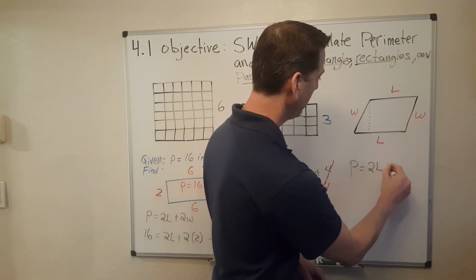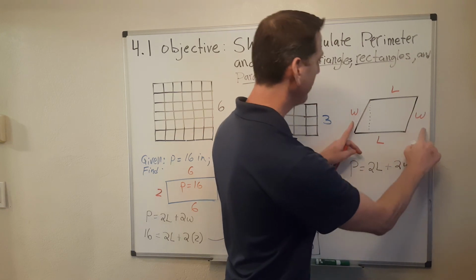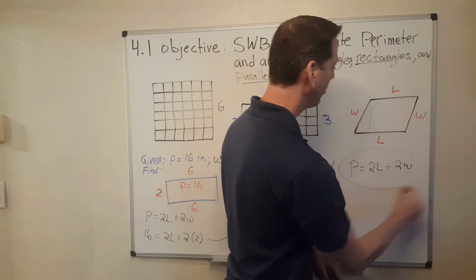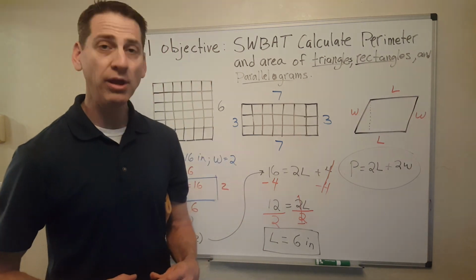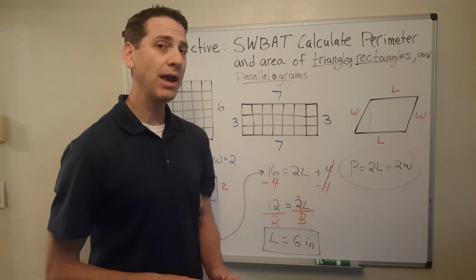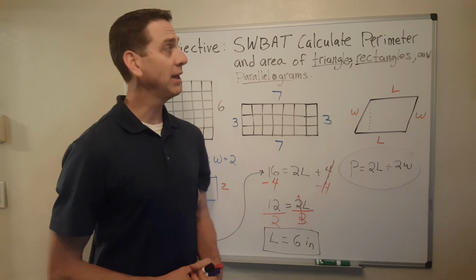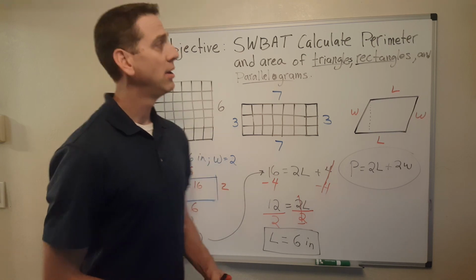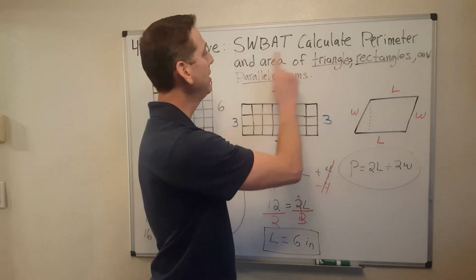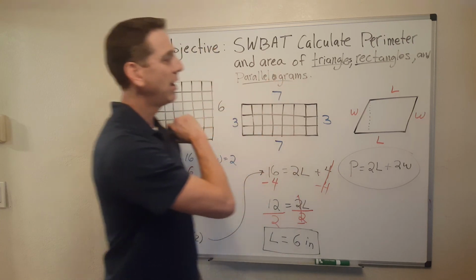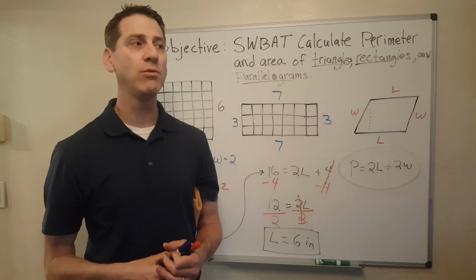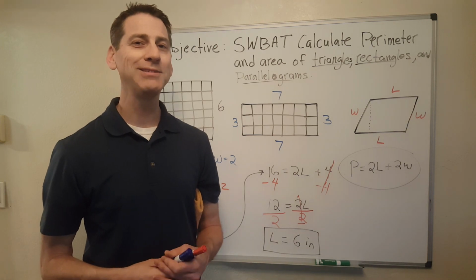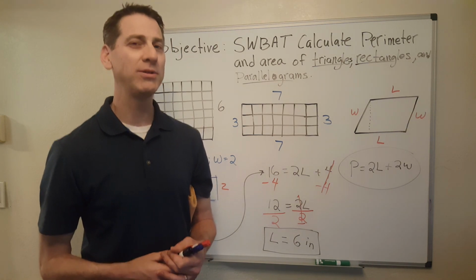All right, so we have 2 widths and 2 L's, so the formula is going to be the exact same with the parallelogram. Okay? What we'll do is, in our next video, I'm going to show you how to find the area of triangles, rectangles, and parallelograms. So that will wrap up our lesson on perimeter.